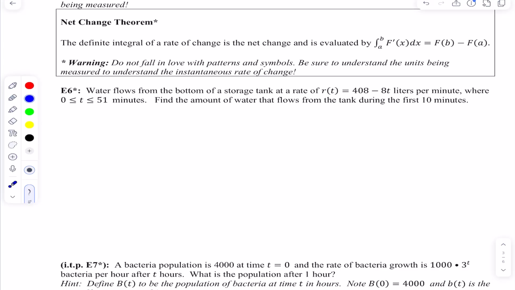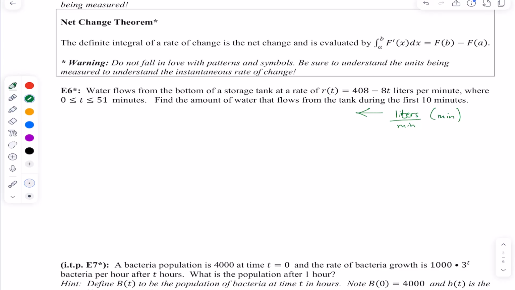So in this first example, the rate of change is specified by liters per minute. So if you write liters per minute, and the idea is to later multiply this by minute, we now have a better hint on how to rewrite the scenario as a definite integral.